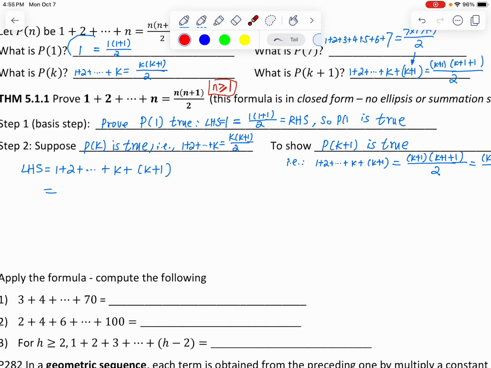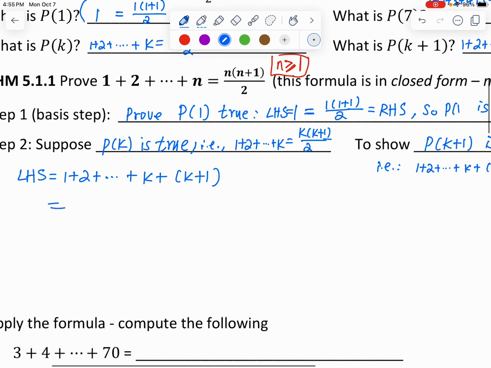Do you see that we have this guy right there? That's the left hand side of my supposition, right? So I'm going to replace this with k times k plus 1 over 2, because that's what we assume. So k times k plus 1 over 2, by supposition, plus k plus 1.